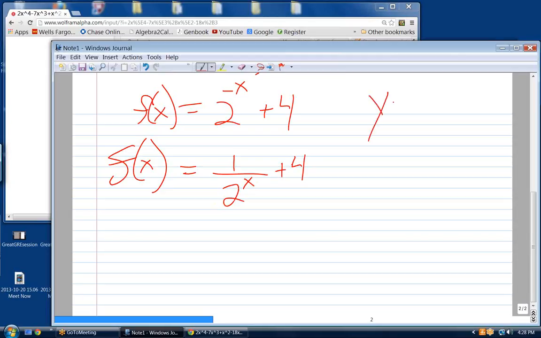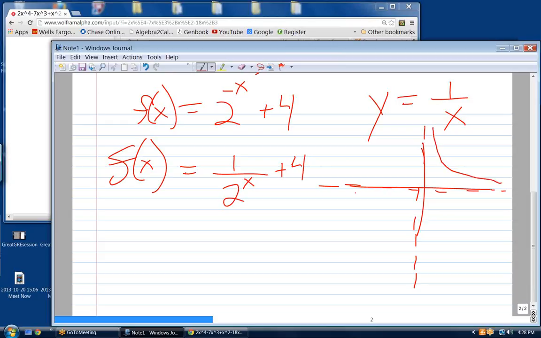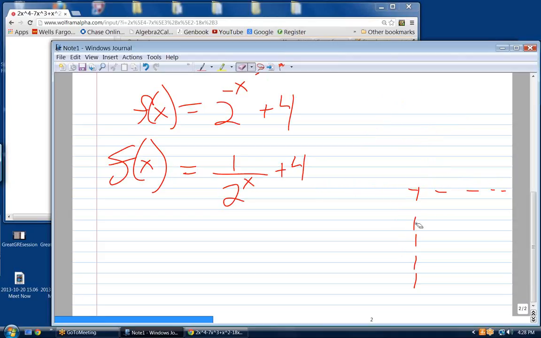In other words, if I look at the function y equals 1 over x, that's going to have a vertical asymptote at x equals 0. So I'm going to draw the vertical asymptote. It also has a horizontal asymptote at y equals 0. Now to graph it, I graph it like that. So you only get vertical asymptotes when you're dividing by 0.